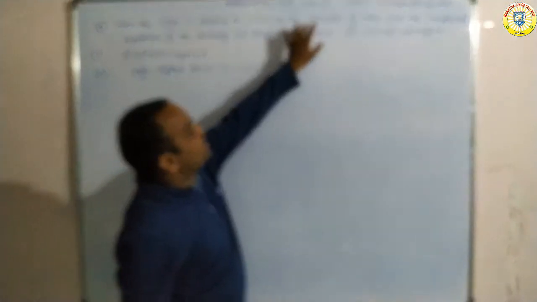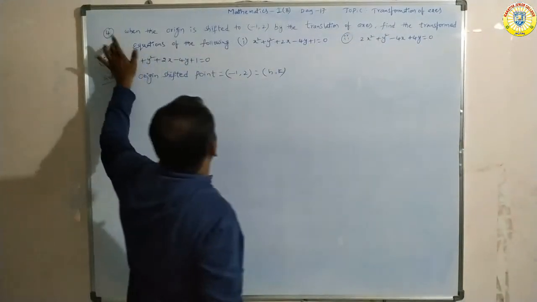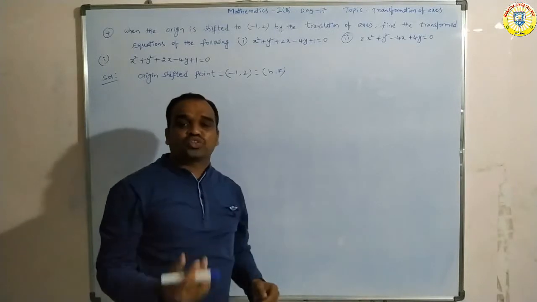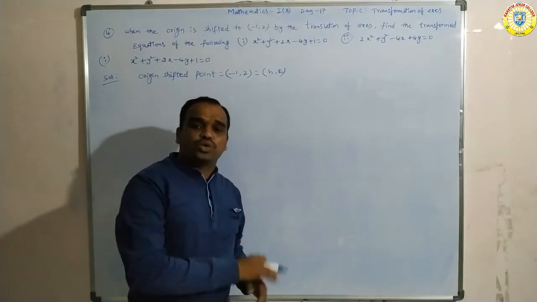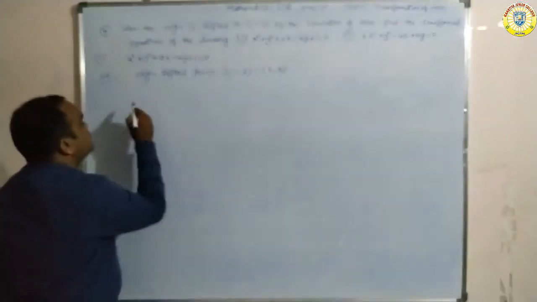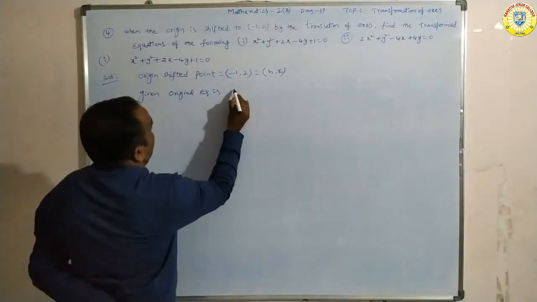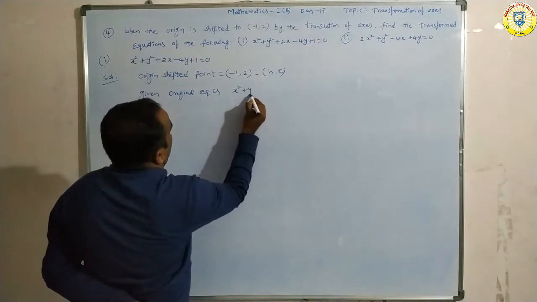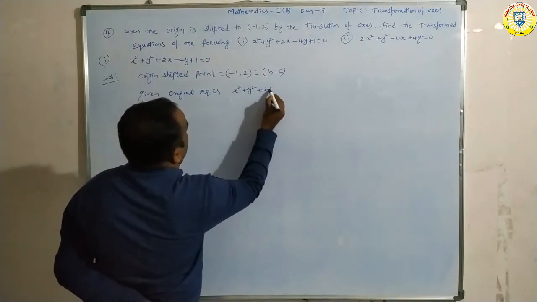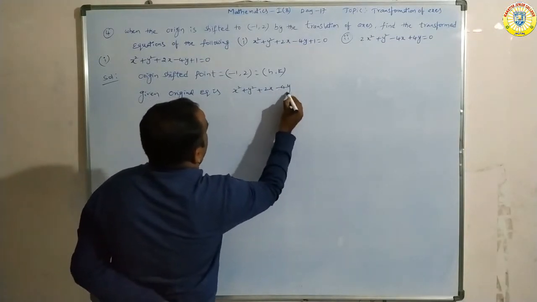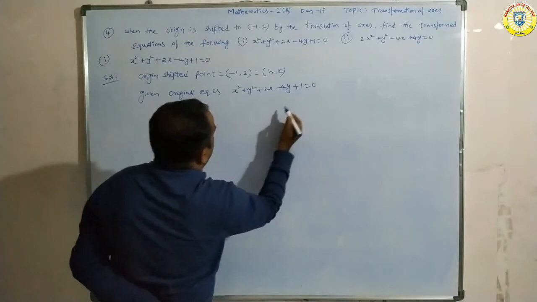So we are finding the transformed equation of this equation. The given original equation is x square plus y square plus 2x minus 4y plus 1 equal to 0.